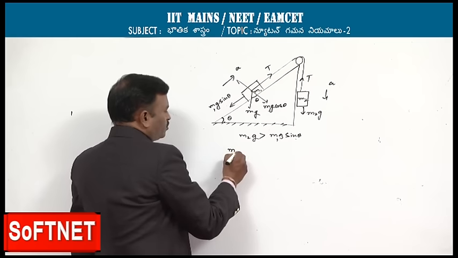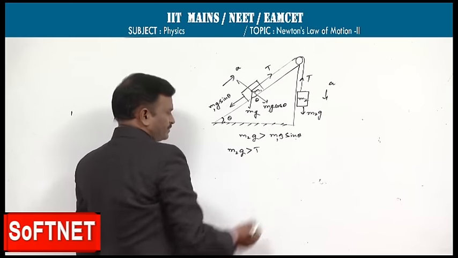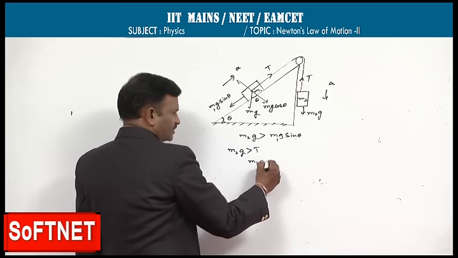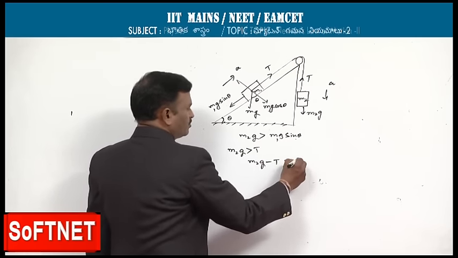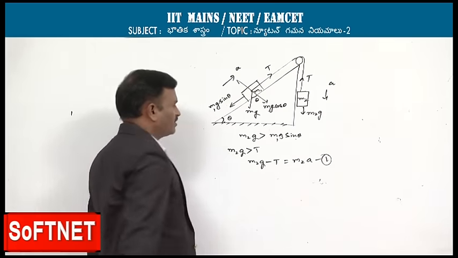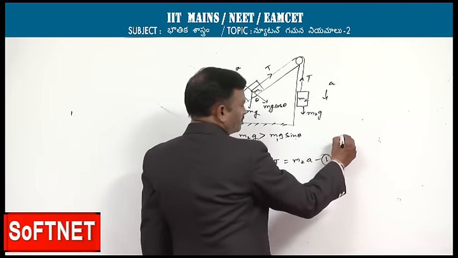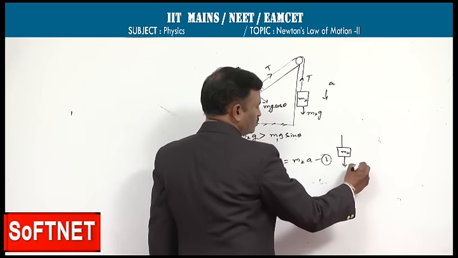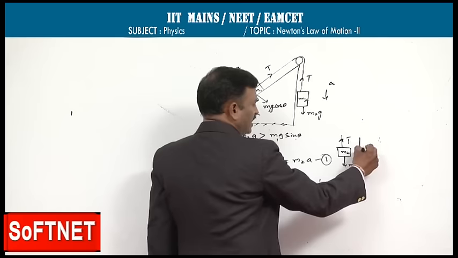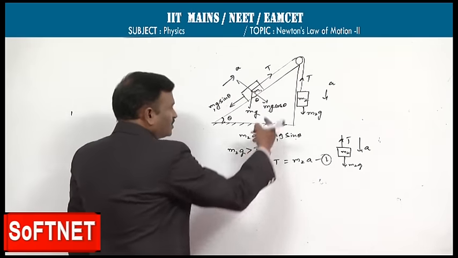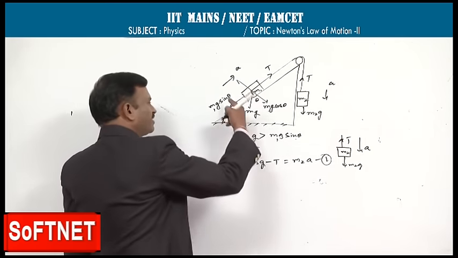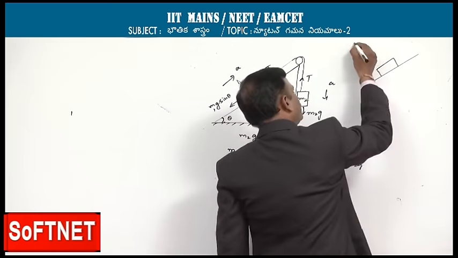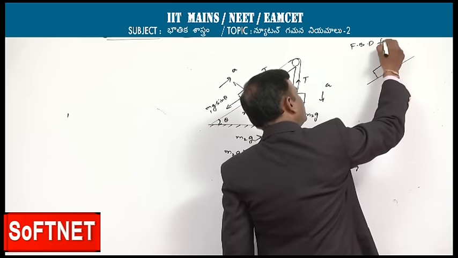So m2g is greater than T. Here m2g minus T is equal to m2a. This is equation 1. Free body diagram of the first body, mass m2, that is m2g, tension T. Resultantly acceleration is down. Next we will write the free body diagram for the second one, that is free body diagram for m1.